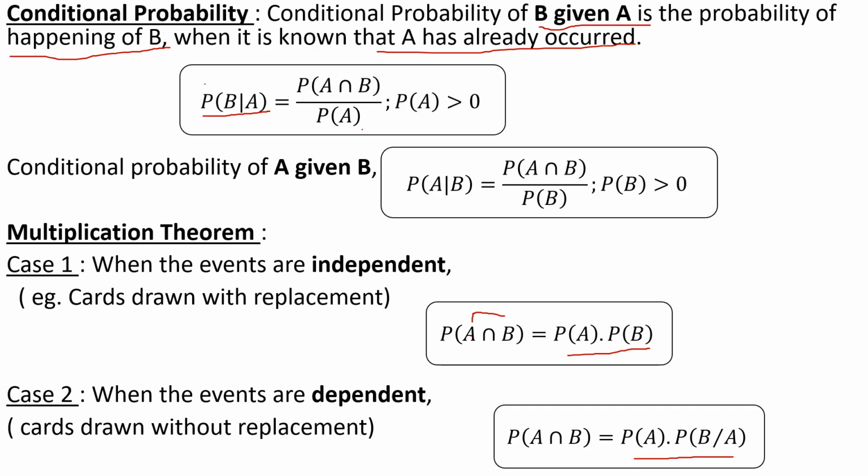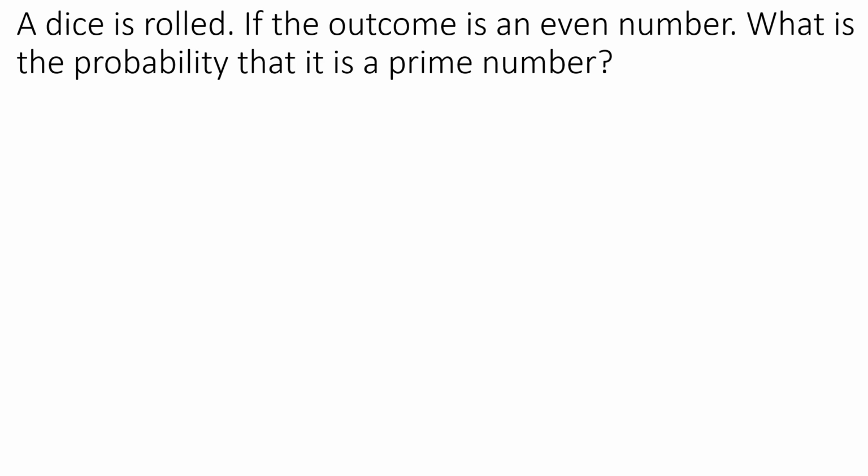Okay, let's solve some problems here. A dice is rolled. If the outcome is an even number, what is the probability that it is a prime number? When a dice is rolled, the number of possible outcomes is n of S equal to 6. We have outcomes 1, 2, 3, 4, 5 and 6.